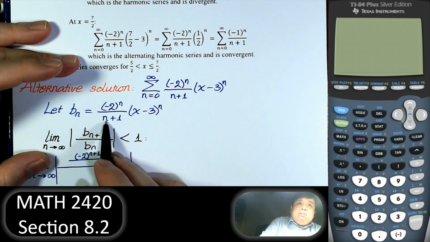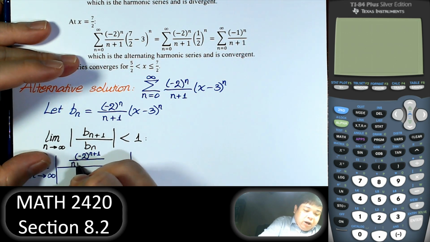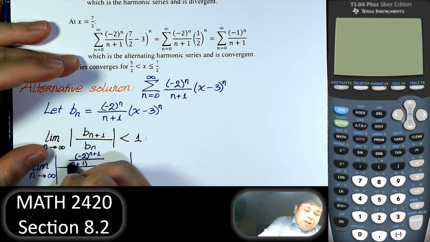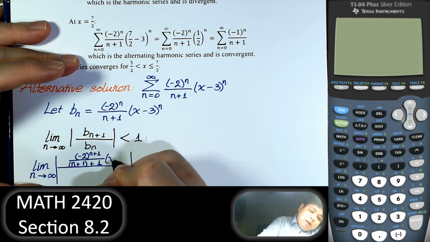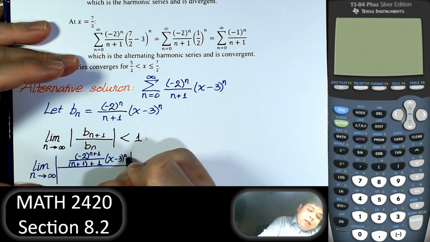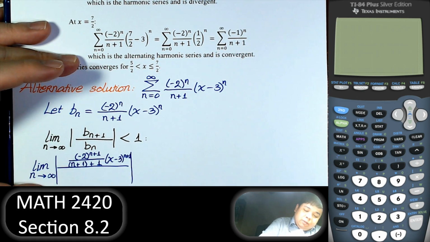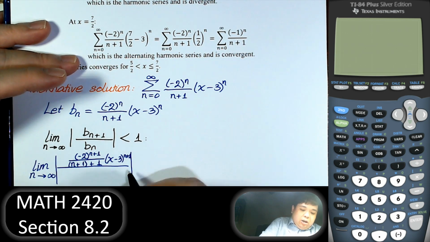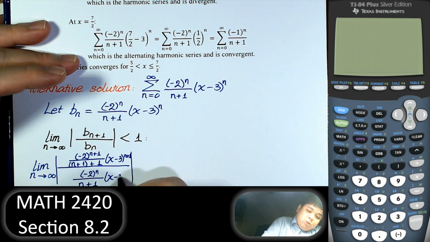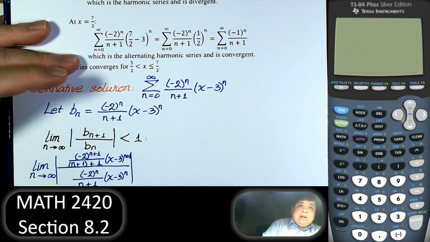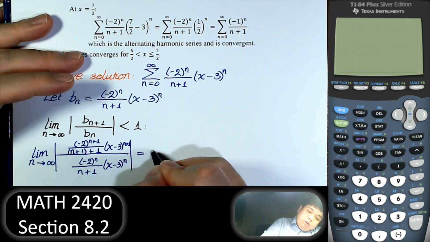Here we put n plus 1 in for n, and then plus 1. We still have x minus 3 to the n plus 1, all of which over negative 2 to the n, plus 1, x minus 3 to the n. Right, multiply by the reciprocal.